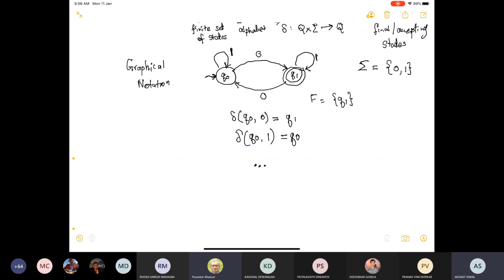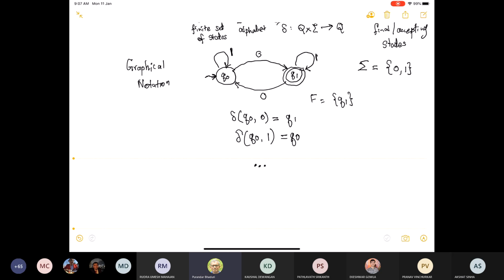Sir, can you explain how we got Q1 as the only final state? This is how we define this automaton. This particular automaton has the singleton set containing Q1 as the set of final states.